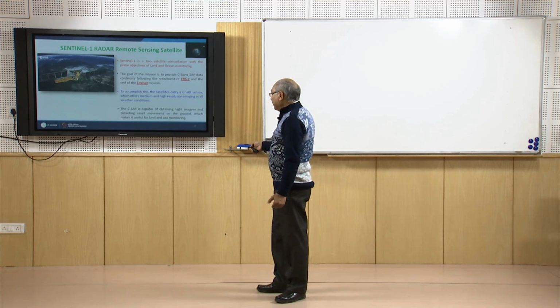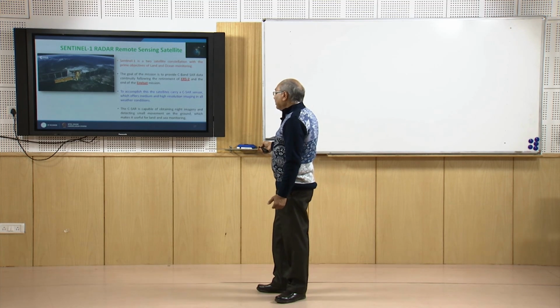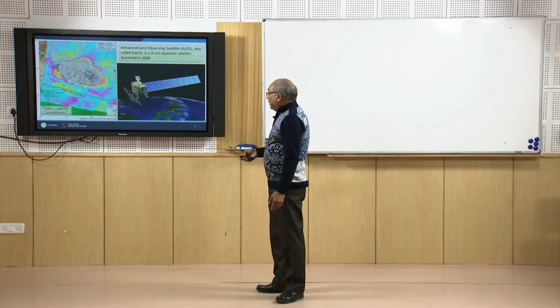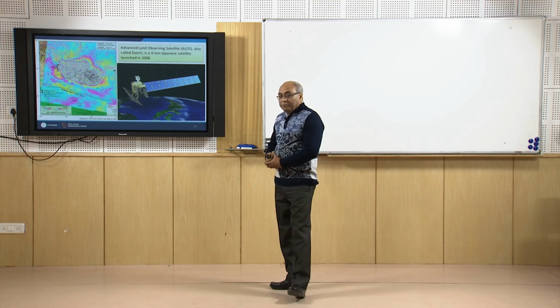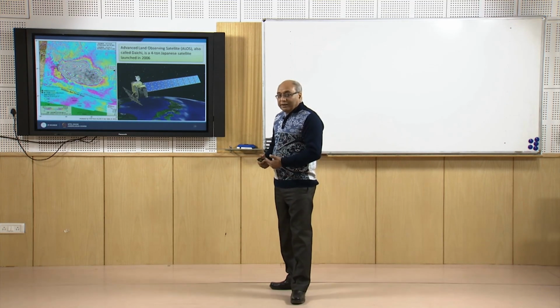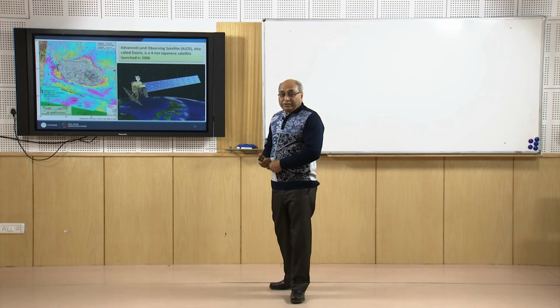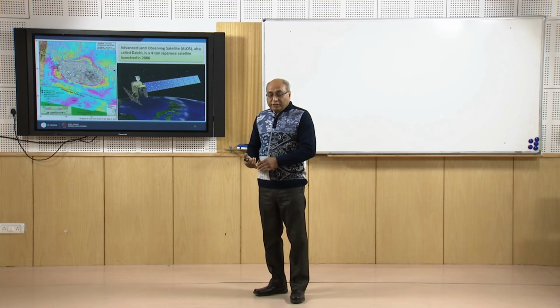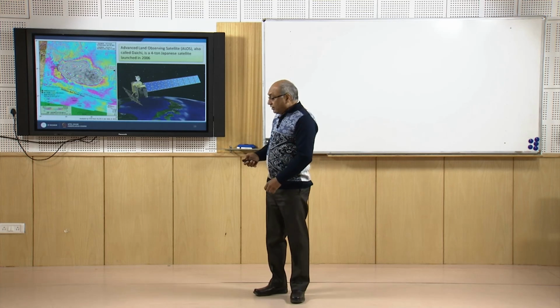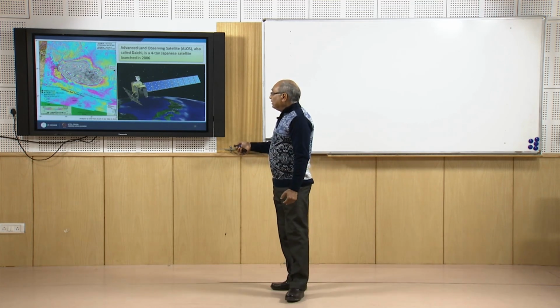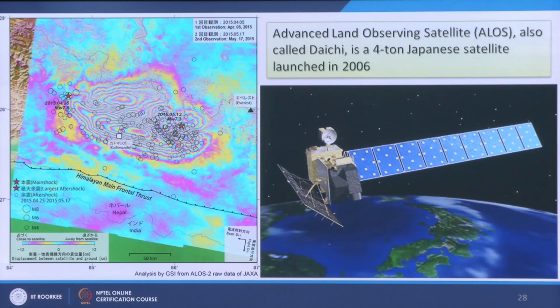C-band obtains night imagery because it is radar data, so it can acquire data any time of the day. The best recent example from the Sentinel is the use of SAR interferometry, or InSAR in short, in ground deformation studies induced by an earthquake, as seen in the case of Nepal.